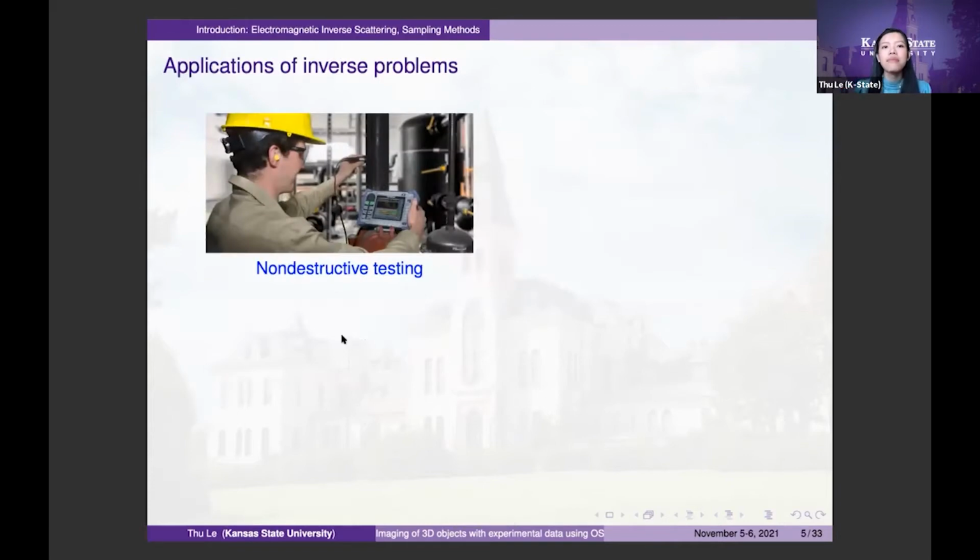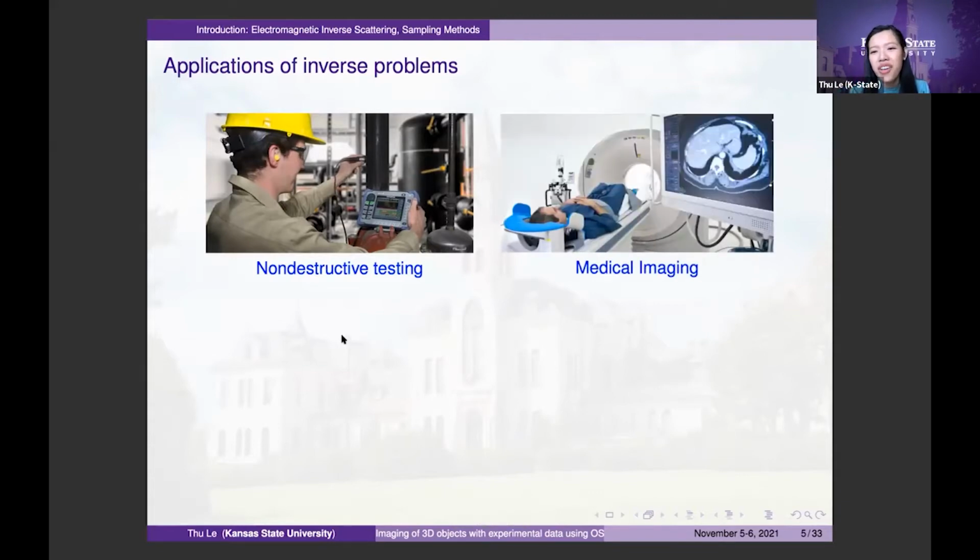Okay, some applications of this problem. First, in non-destructive testing, they can use it to evaluate some properties of a material without destroying the whole system or causing any damage. Or in medical imaging, they can use something like X-ray, CT scans to provide images of the inside of a body for clinical analysis or medical intervention.